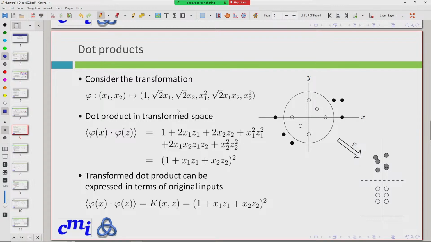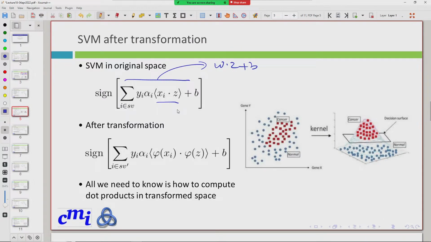Now, let us take this form of the solution a little bit further. Here there is one issue: we went from 2 dimensions to 3 dimensions, but if you are already working with 100 dimensional data, maybe you need to project it to 1000 dimensions, or from 1000 dimensions to 1,000,000 dimensions.